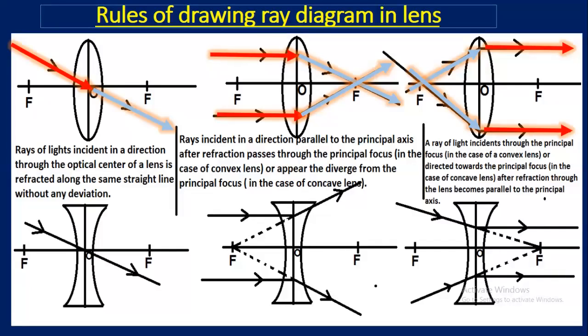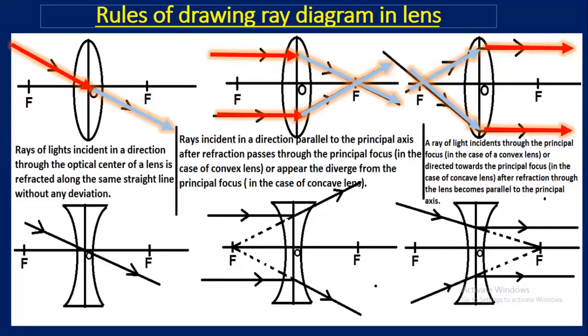Here are the rules of drawing a ray diagram in a lens. The first rule: if a ray comes towards the optical center, then it will go through the optical center. The second rule: if the incident ray is parallel to the principal axis, then it will go through the focus of this lens.